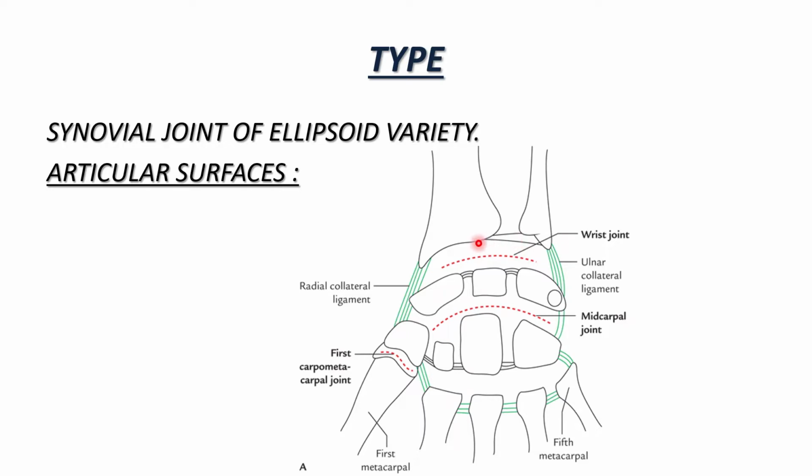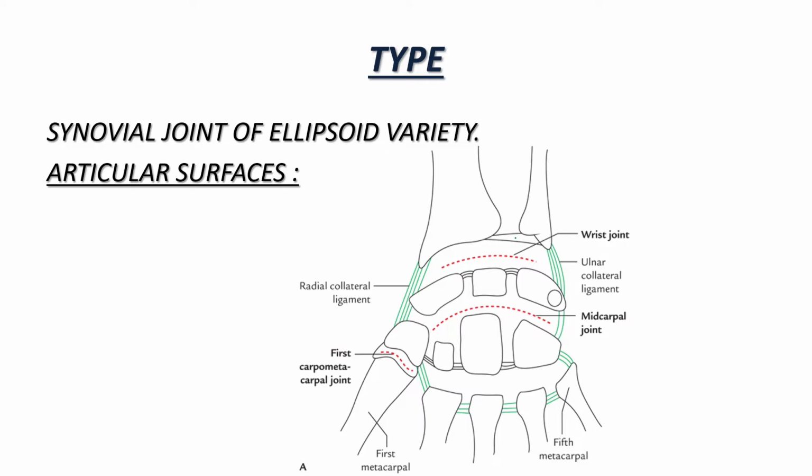So these are the two things which make up the joint in its proximal part.